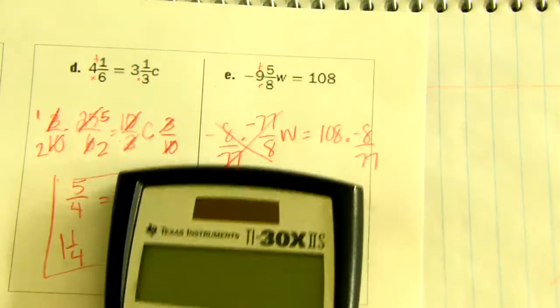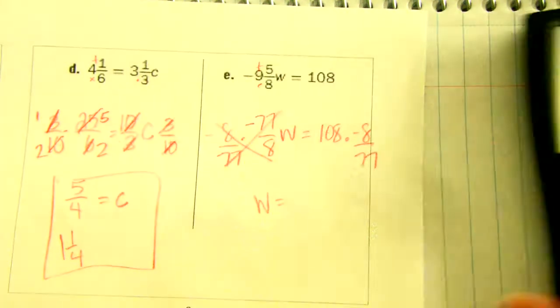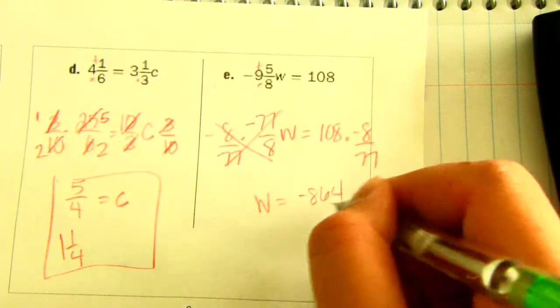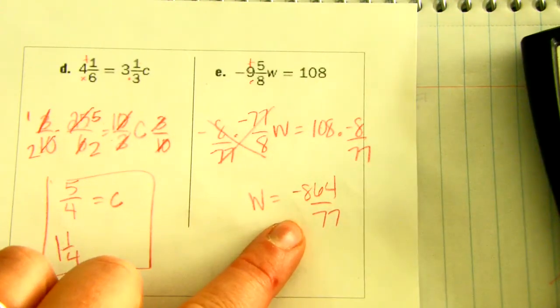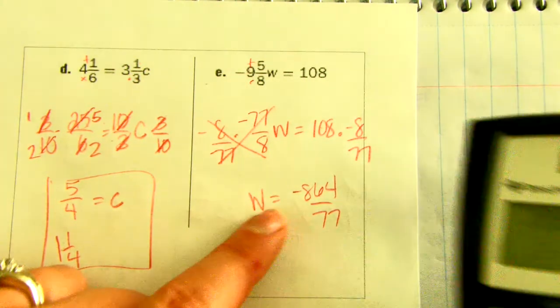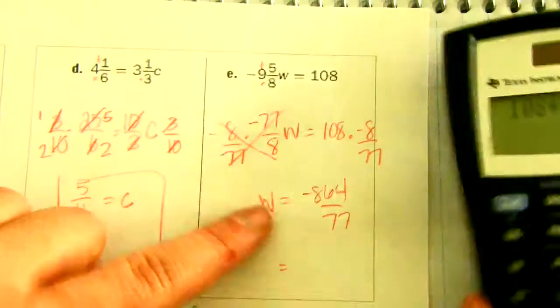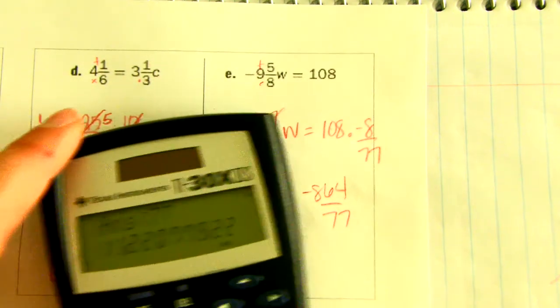So 108 times negative 8 is going to be negative 864 over 77. So that's the improper fraction. Unless the directions say to change it to a mixed number, you can leave it like this. But in case you forgot how to check, we can rewrite that. So I just take 864 divided by the denominator. Tells me it's going to go in there 11 times.